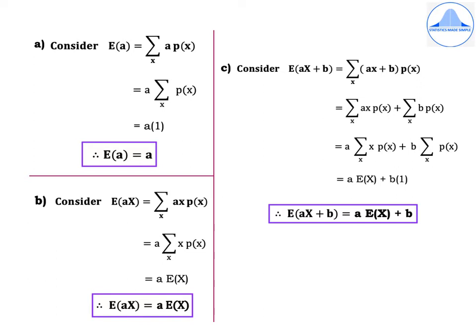So you'll get b into summation over x p of x. So this is equal to a into summation over x, x p of x, which is nothing but E of x, plus b into, you know that summation over x p of x is 1. So on simplification, you will get E of ax plus b is equal to a E of x plus b.